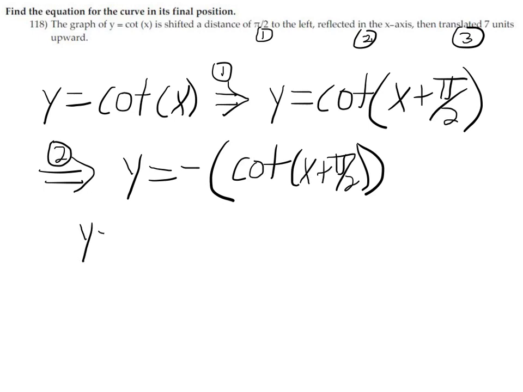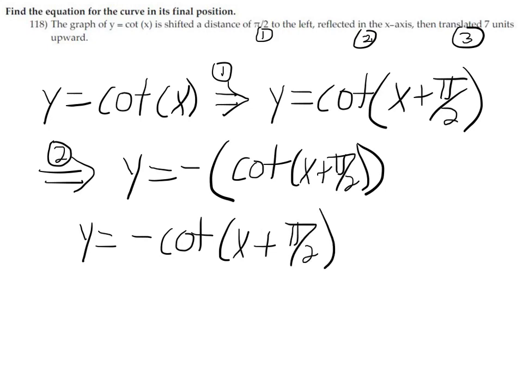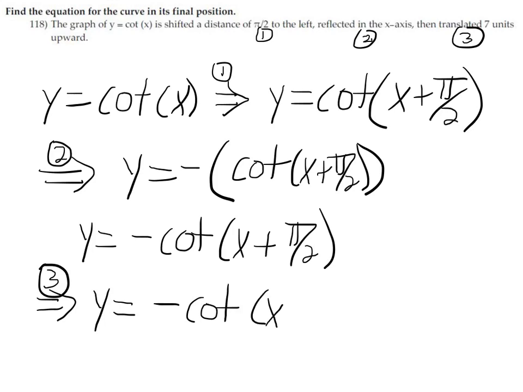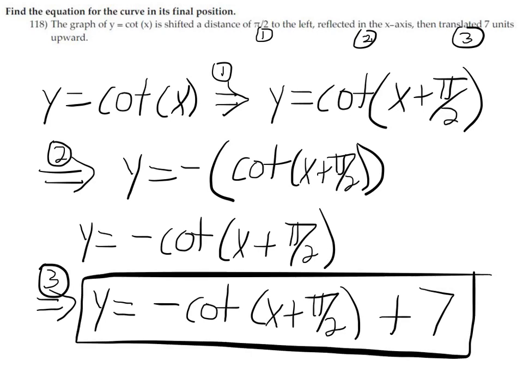So we have y equals negative cotangent of x plus pi/2. All right. And then the third thing, shifted 7 units upward. We have negative cotangent of x plus pi/2. Shifting up is just plus 7. And that would be your final answer. And that completes this problem.